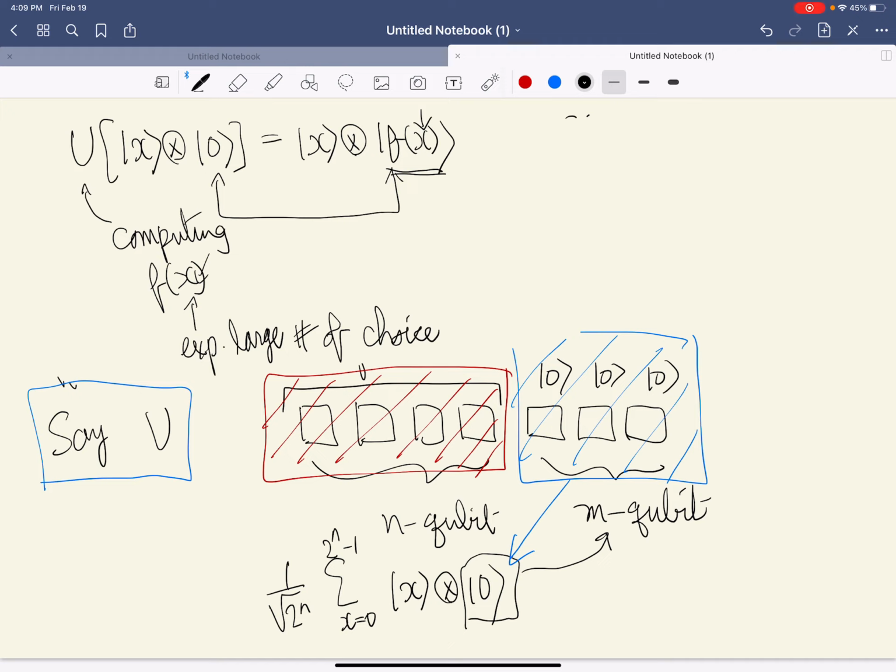But if you have to do this for an exponentially large number of x values, then the task will cost you an exponentially long time. Which is often the reason why classical computers will fail to perform certain calculations within a reasonable time frame, because it simply costs too much time, exponentially large time, to complete the calculation.